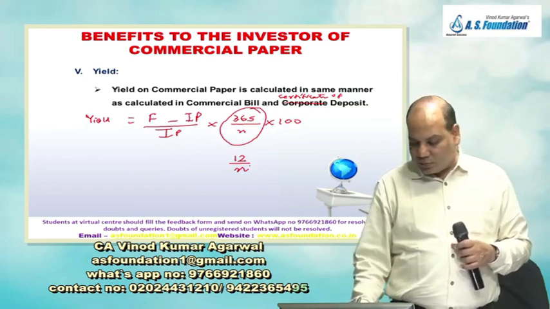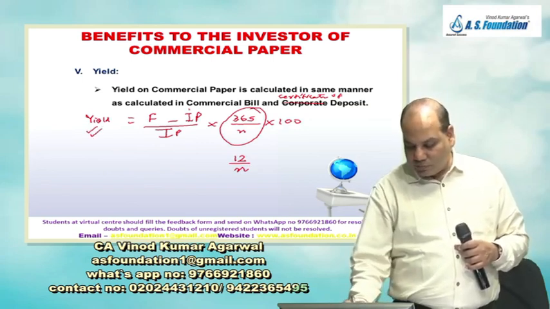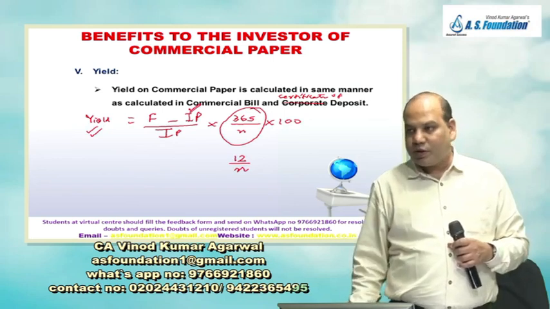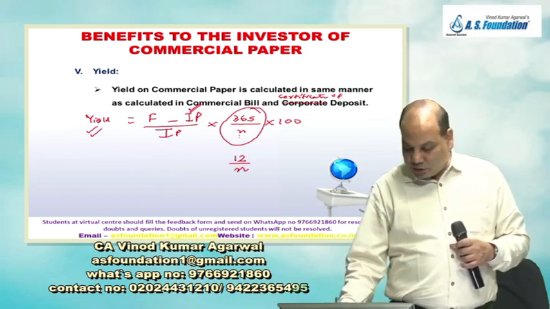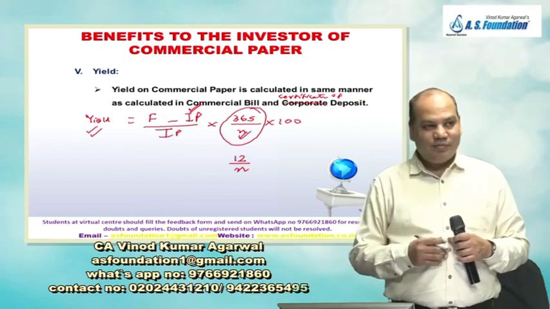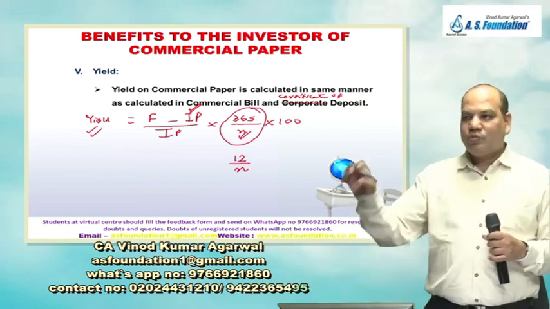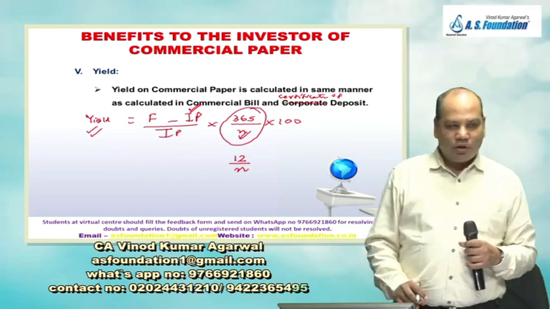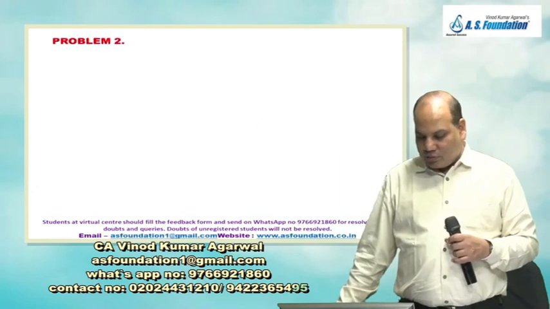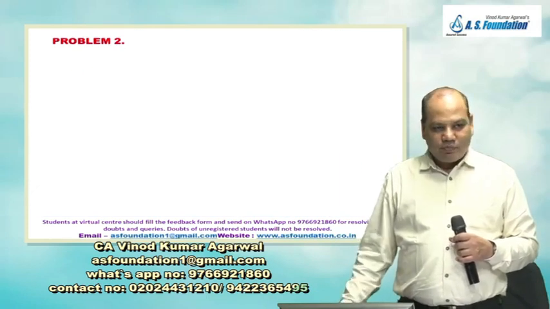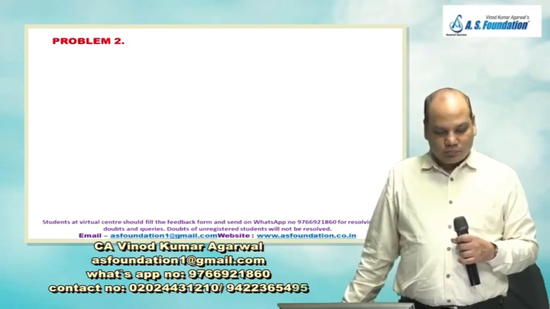Sometimes in some questions the issue price is missing, in some problems n is also missing. You just have to solve the equation. Now ready for problems. Go to the end of the chapter.